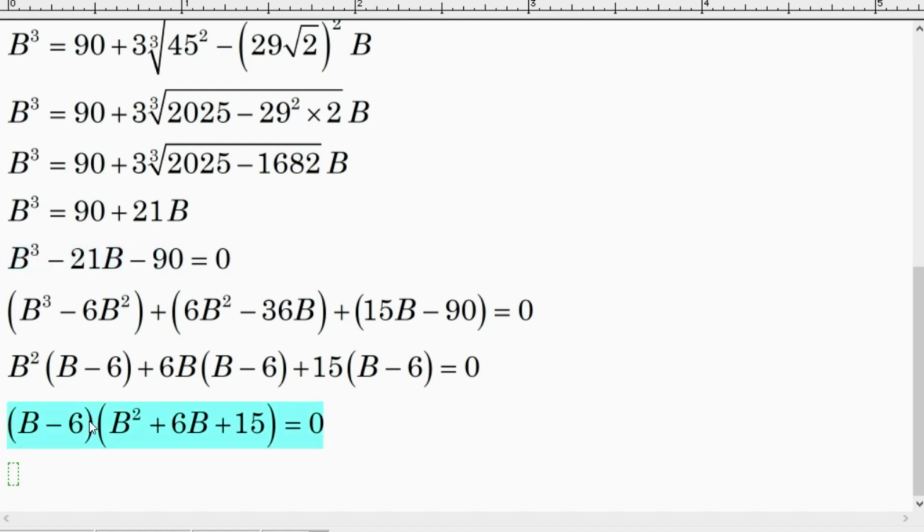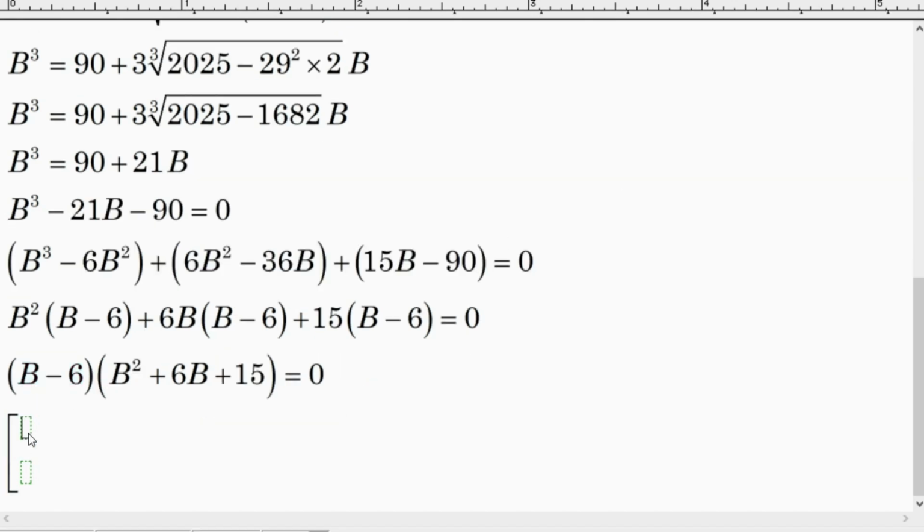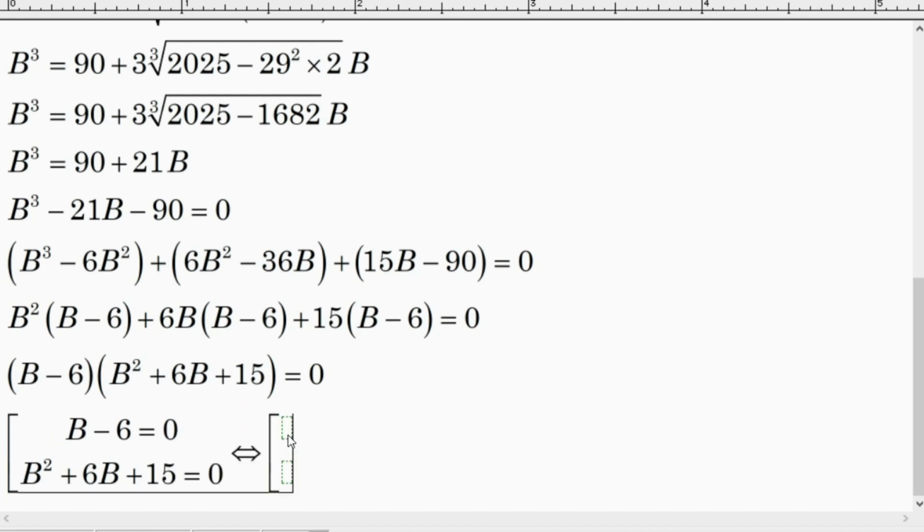When we have two factors multiplied together equal to 0, then each factor must equal 0. So we get this factor equal to 0 and this factor also equal to 0. So b equal to 6.